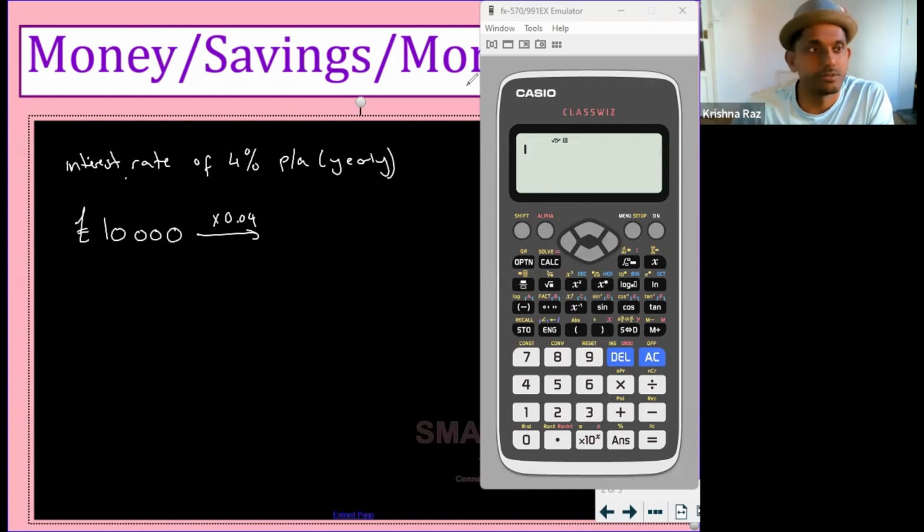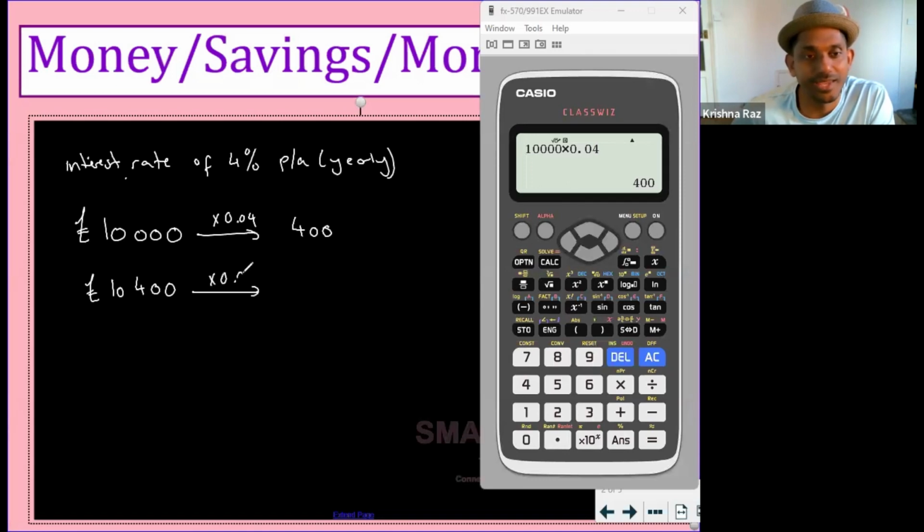If I do 10,000 times 0.04, I get £400. So after 1 year, I'm going to have £400 in the bank extra.